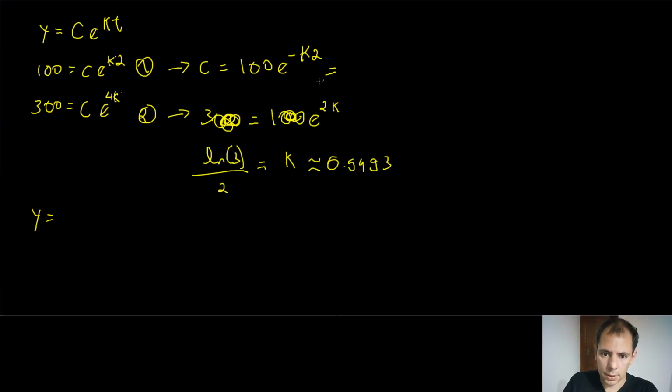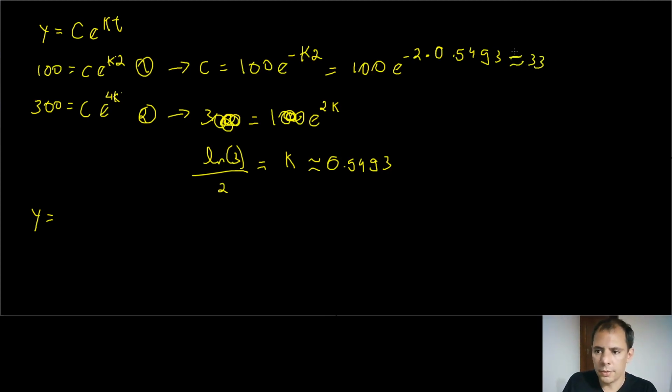c is going to be equal to 100 times e to the minus 2 times, I'm just going to do a point here, 0.5493. Okay. And this is going to be approximately 33.